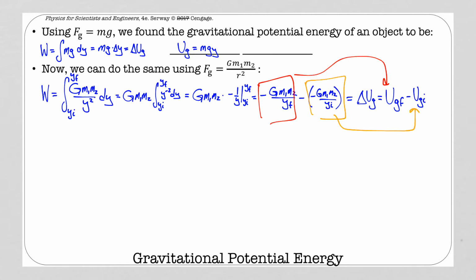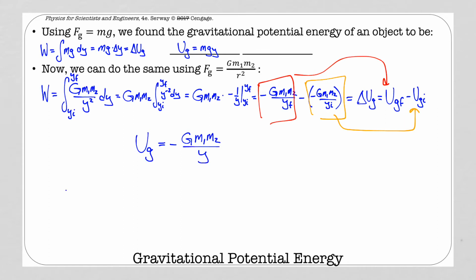Generally speaking, we can say that for the gravitational potential energy between two objects that are far enough apart that the distance between them is changing enough that there's a non-trivial amount of change to the gravitational force, the gravitational potential energy is thus.